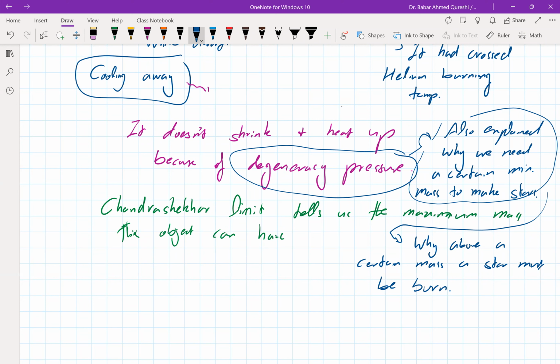Because if the cloud is too light, then the degeneracy pressure becomes significant enough before nuclear reactions can set in, and degeneracy pressure can stop the collapse under gravity. Degeneracy pressure is something which fights gravity.